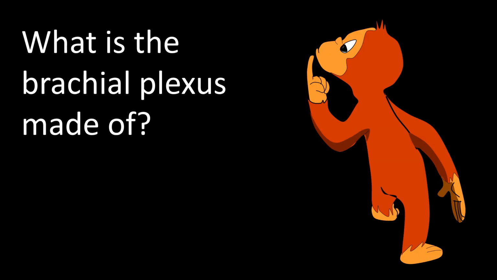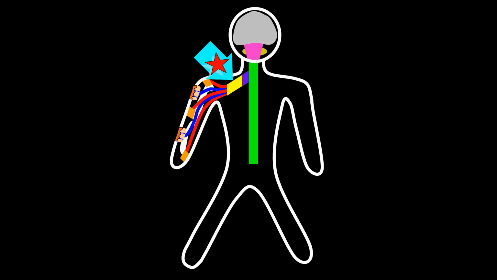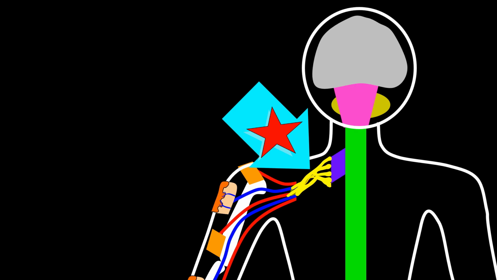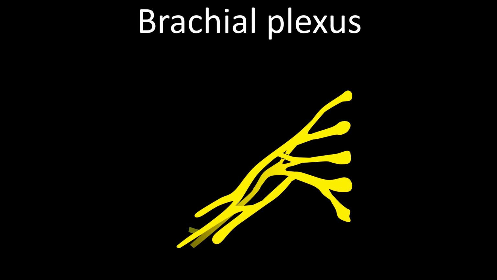The second question is, what is the brachial plexus made of? Although in the initial cartoon I have represented the brachial plexus as a monolithic structure, if we enlarge it, as I have done in this figure, we can see that it is not. The brachial plexus here, isolated, as you can see, is made of bundles of nerve fibers.